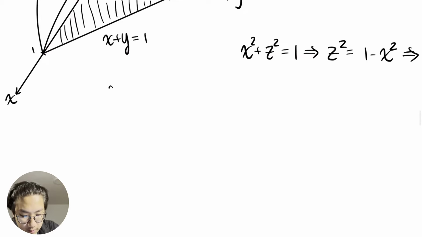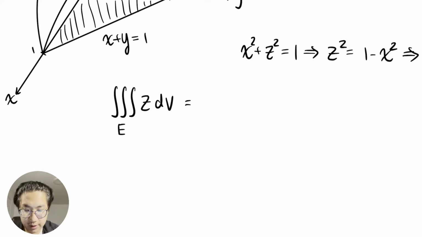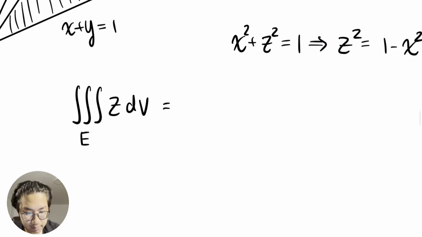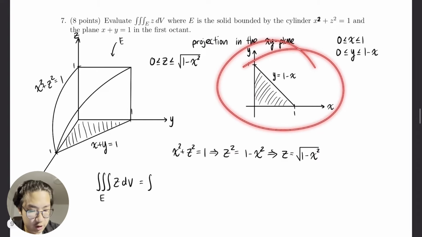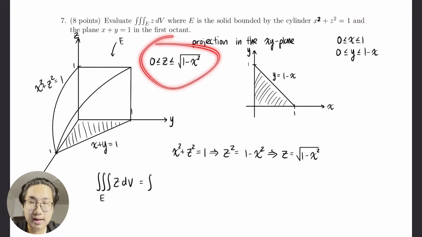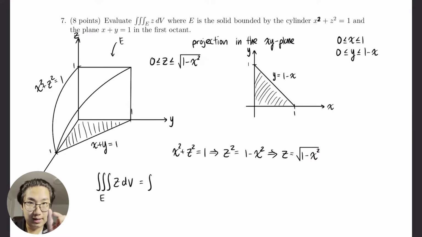So we have the triple integral over the solid E of the function z dV. Now we can set up the integral properly. Notice this is our 2D projection into the xy plane. This is our z. We're going to evaluate that first on the inside, and then slowly work our way outside.